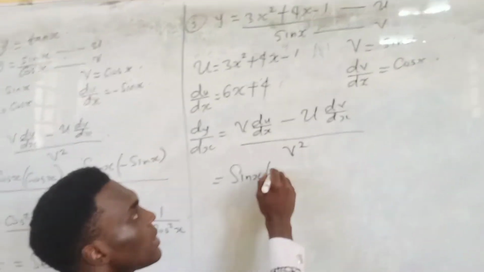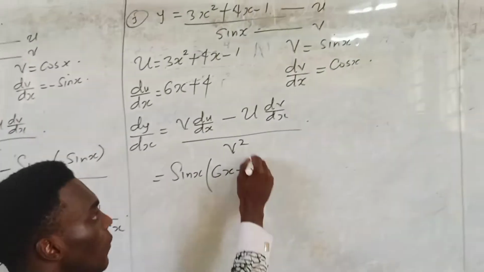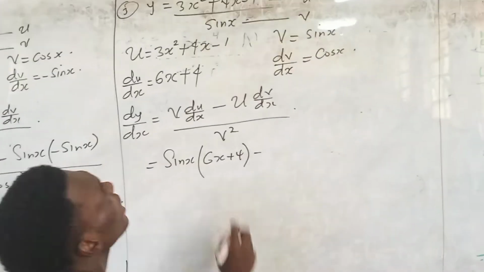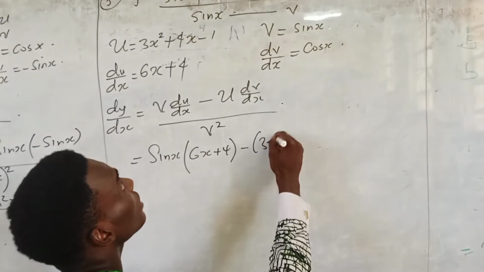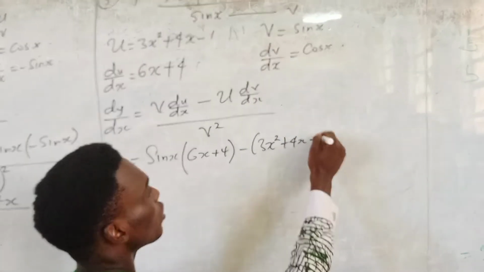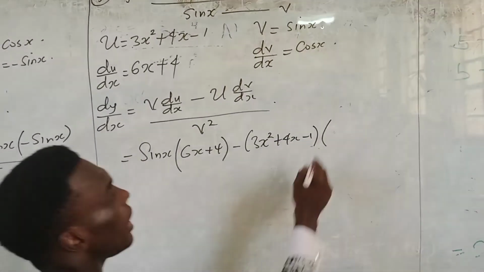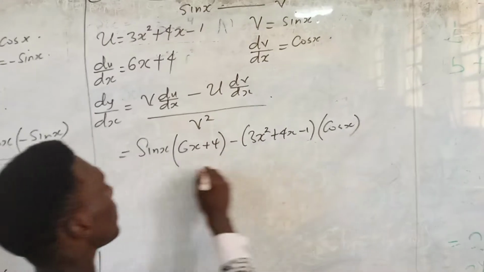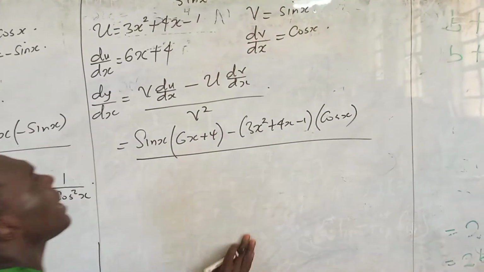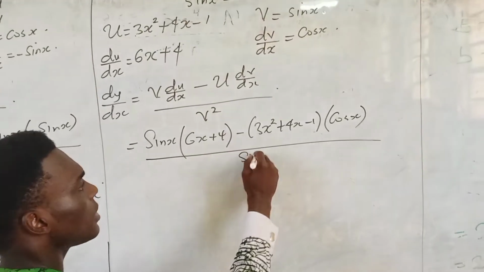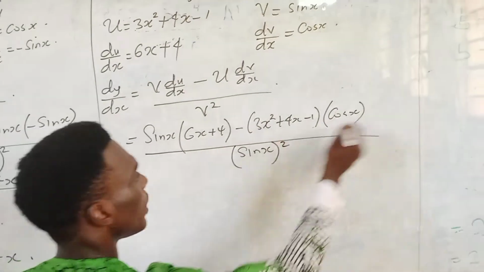Our du/dx is 6x plus 4, minus our u is 3x squared plus 4x minus 1. Our dv/dx is cos x. Everything divided by v, and the v is sine x all squared.